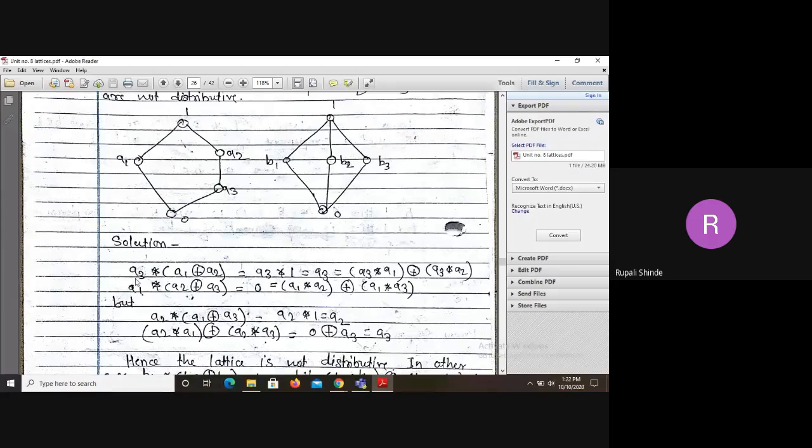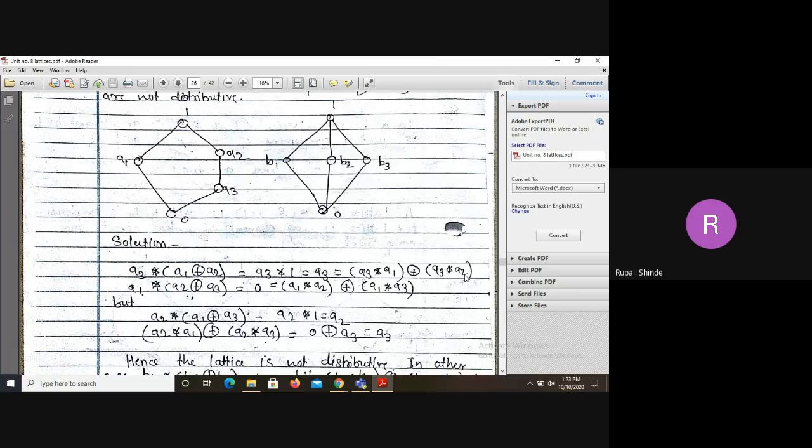Now apply the distributive property. So A3 star A1 is one bracket, XOR A3 star A2, which is another bracket. Now check the values of these brackets. First one, A3 star A1 means the greatest lower bound of A3 and A1. What is the value for this bracket? 0. Correct.